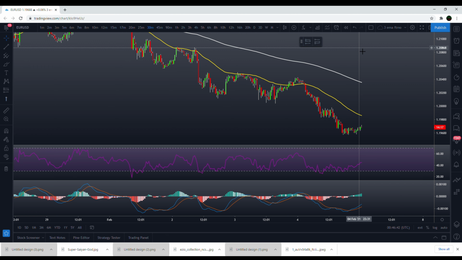You're going to be looking for not only hidden divergence on the 30-minute, but then you're going to go down to the lower one and look for normal bearish divergence. So you're going to combine normal bearish divergence on a lower time frame with hidden bearish divergence on a 30-minute or higher time frame. It doesn't matter what time frame, but you get the point. Higher time frame hidden bearish divergence, lower time frame normal bearish divergence gets you a fantastic entry and adds confidence to your trade entry.